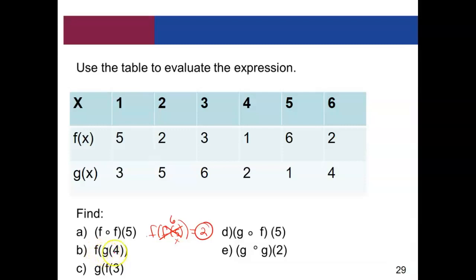On the next one, f of g of 4, I'm going to go to where x is 4. I'm going to get the g value, which is 2. So now I need to find f of 2. So f of 2, go to where x is 2 and take the f function value, and that's going to be 2.